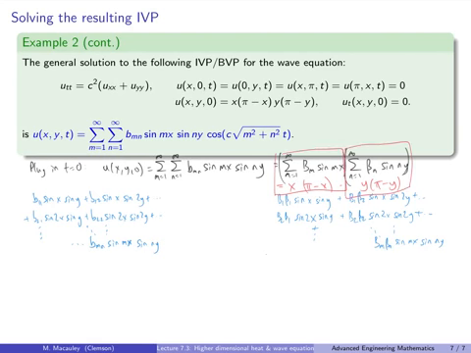We know that in this case, Bm is equal to 4 times (1 minus negative 1 to the m) over pi m cubed. And we know that beta n is equal to 4 times (1 minus negative 1 to the n) over pi n cubed.